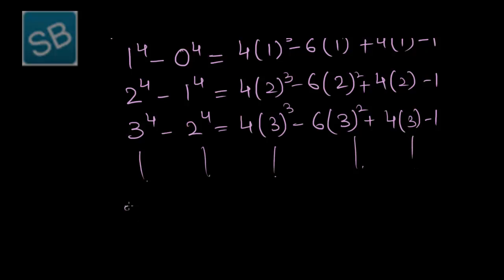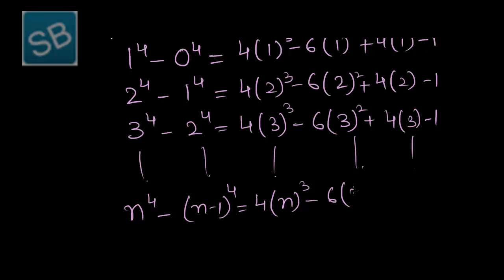We get n raised to power 4 minus (n minus 1) raised to power 4 is equal to 4 into n cube minus 6 into n square plus 4 into n minus 1.